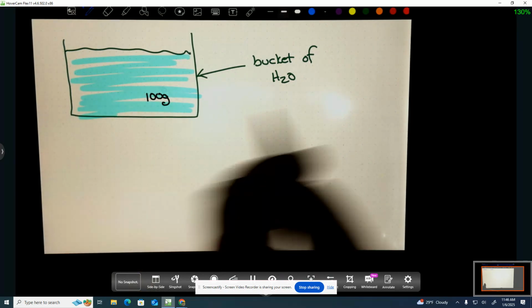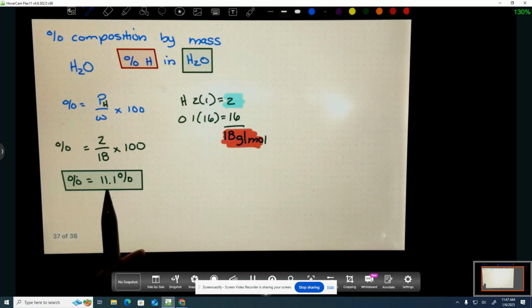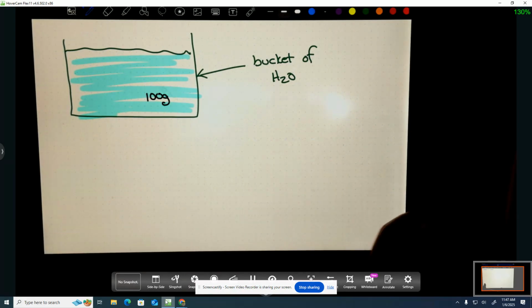Whatever. 100 grams of water is in that bucket. If I know that 11.1% of that bucket is hydrogen, how many grams of hydrogen do I have in that bucket? About 11.1 grams. Because 11.1% of the 100 grams is going to be 11.1 grams.